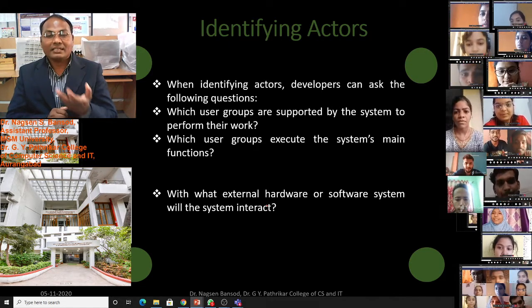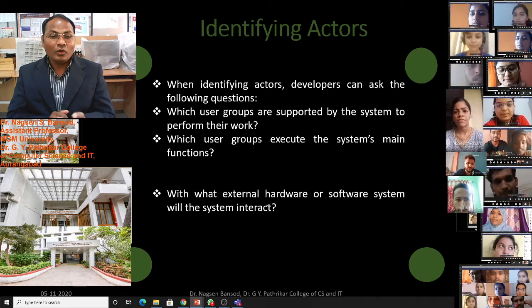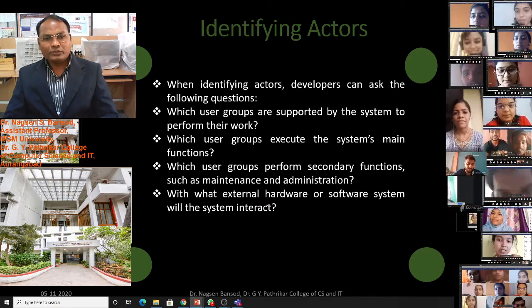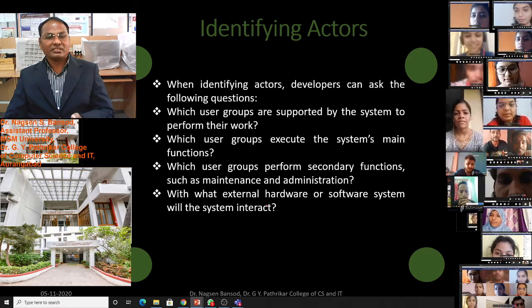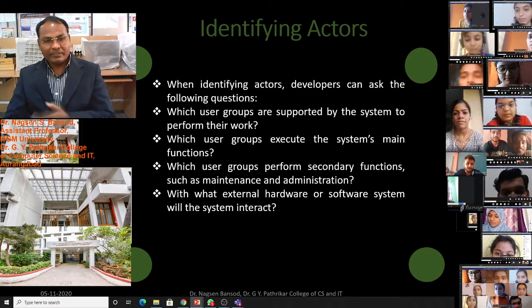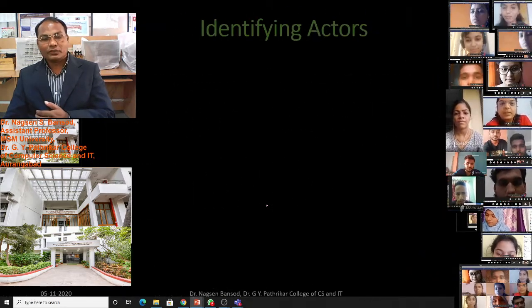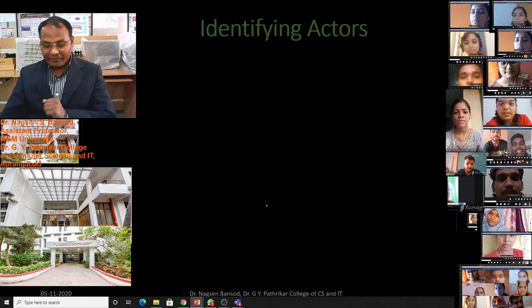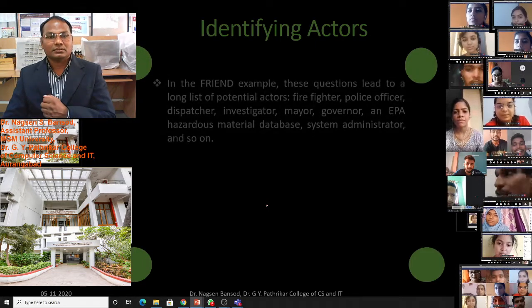With what external hardware or software systems will the system interact? Which user groups perform secondary functions such as maintenance and administration? All these questions we have to ask. Then we will be able to identify the actors.